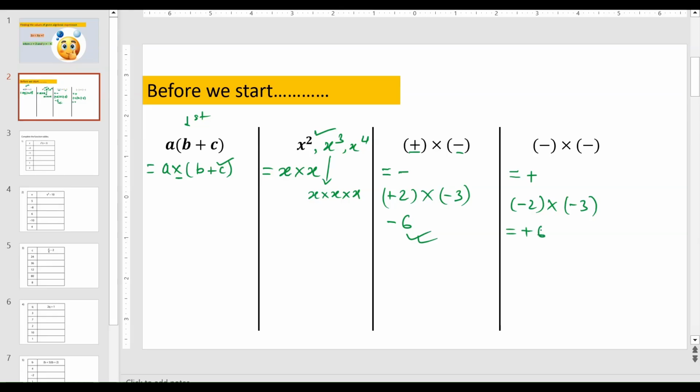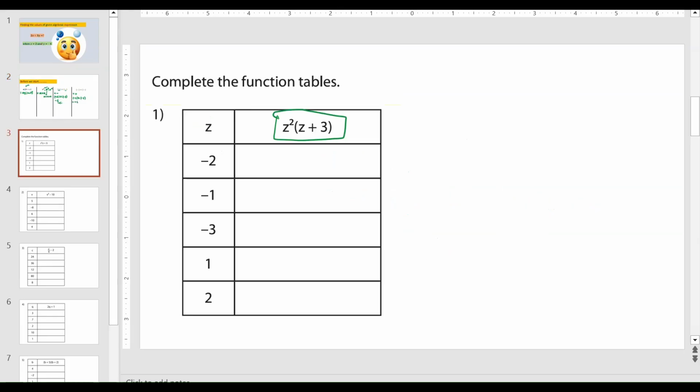z squared plus bracket z plus 3 is our algebraic expression here, and our variable here is z. You can see z is our variable in this expression. Now we are going to find the values of this same expression for different values of z.